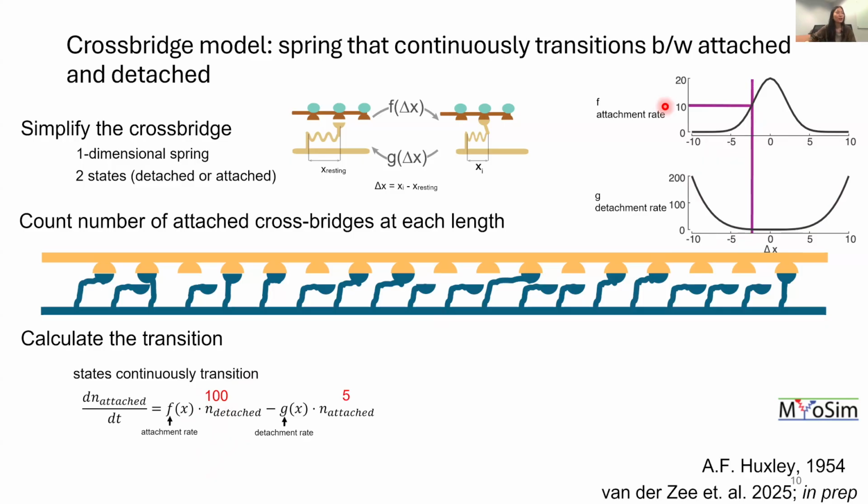In the same way, we can look at how many cross-bridges are already attached and read the detachment rate at the specific length and see how many of the attached cross-bridges will lose the connection next step. So overall, we got 90 newly formed cross-bridges next step. And we can do the same calculation for all available cross-bridge lengths, and then calculate the transition of those.